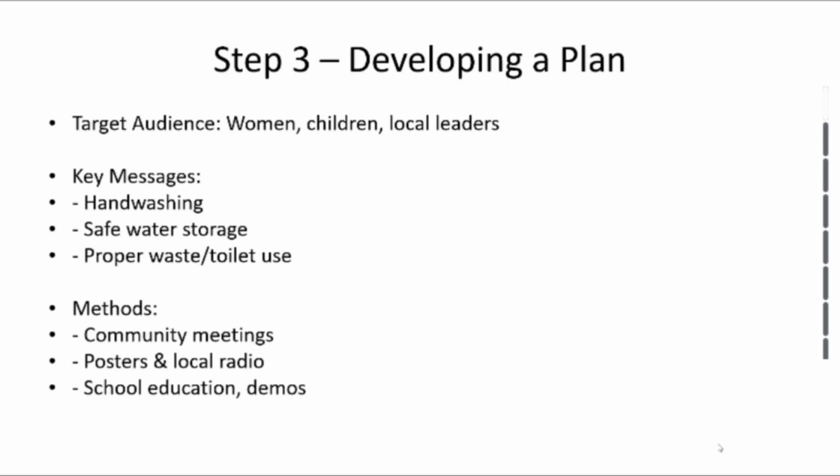The step 3 is developing a plan. You target an audience. You can target women, children, local leaders, etc. You can give key messages. Key messages: hand washing, safe water storage, proper waste and toilet use.